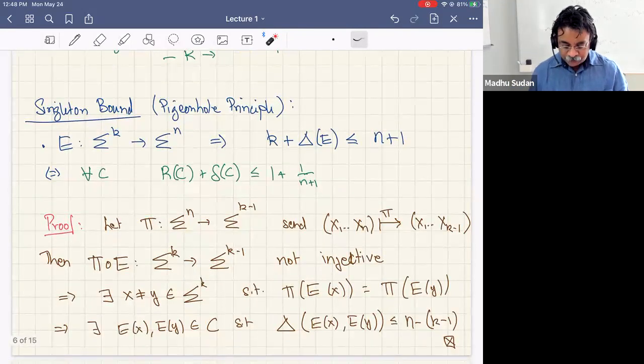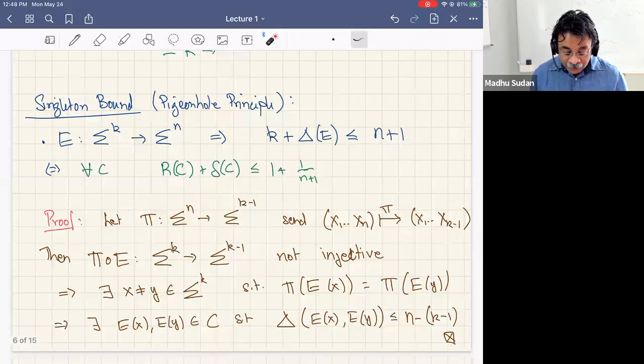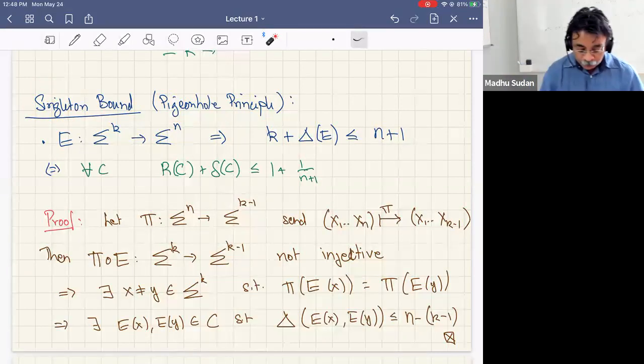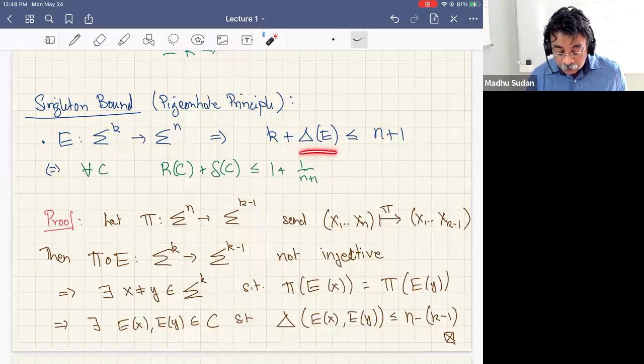So let's start with our first proof of the day. This point is not achievable. In fact, much more is not achievable. It's called the Singleton bound. Singleton is the name of a person who published a paper with this bound. The bound is basically the pigeonhole principle. Okay. So suppose there's an encoding function which maps k symbols to n symbols. The claim is that if you look at the non-normalized distance of the code, k plus that distance is at most n.